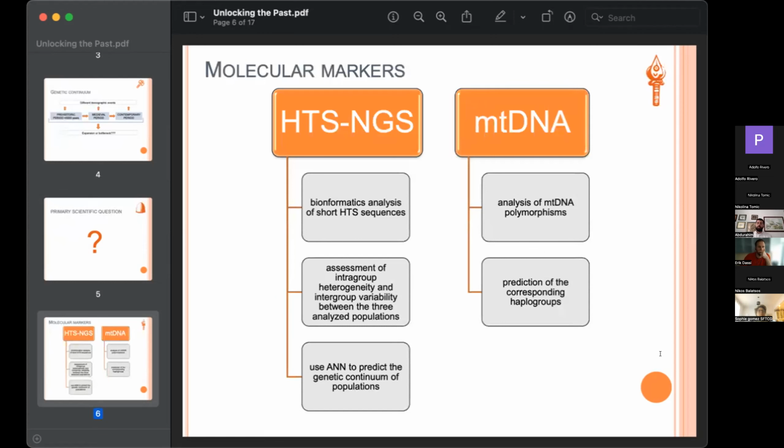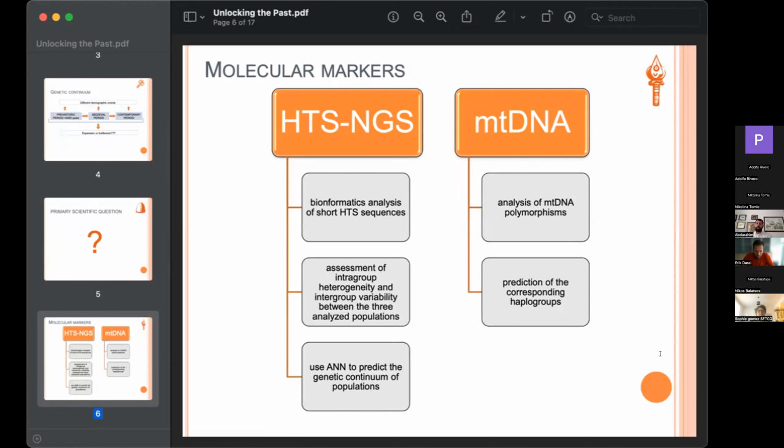We have used two different kinds of molecular markers. First is HTS-NGS, that's high throughput sequencing as part of the NGS technology. First, we have performed bioinformatics analysis of these short HTS sequences. Then we will be assessing the intergroup heterogeneity and intergroup variability between these three analyzed populations from the prehistoric, medieval, and contemporary period.